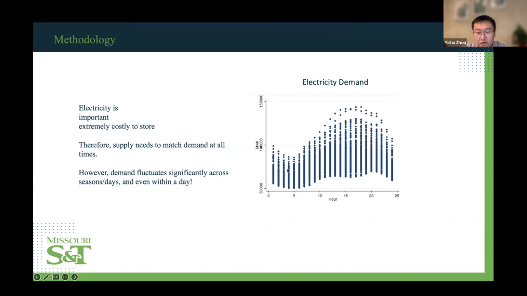And if we look at it horizontally, we see a much higher average demand for the peak hours, roughly from noon to the evening.